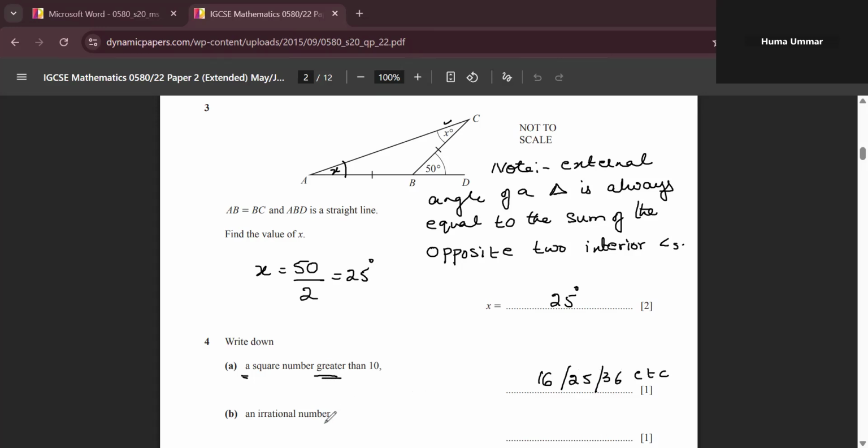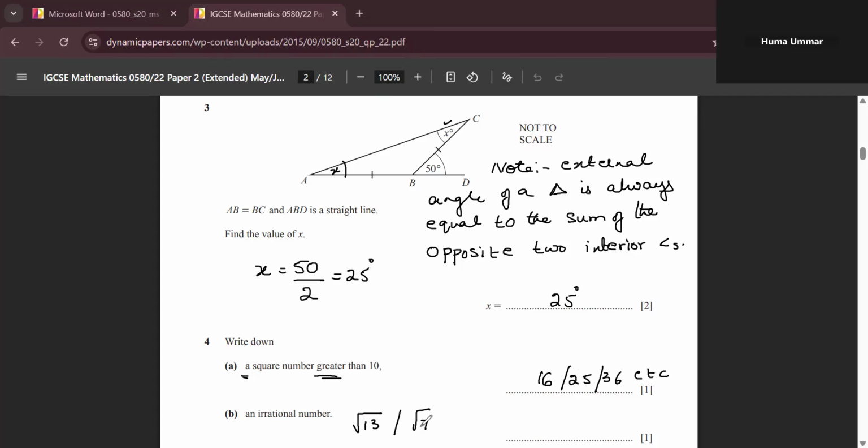Now, an irrational number. The best example is pi, but remember the value of pi is not irrational; the symbol pi is irrational. Otherwise, anything which is in a root is irrational.